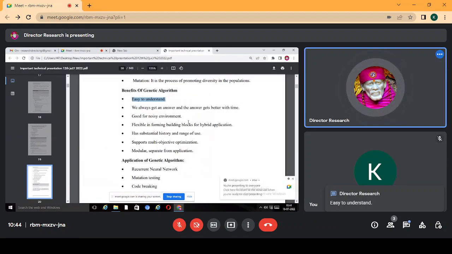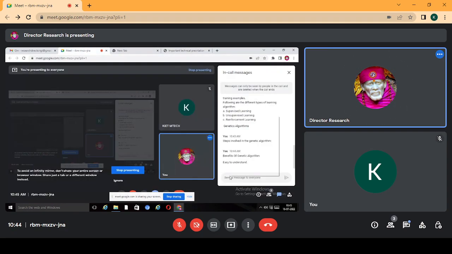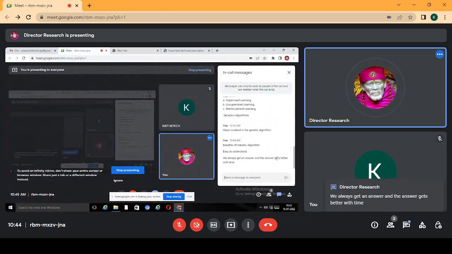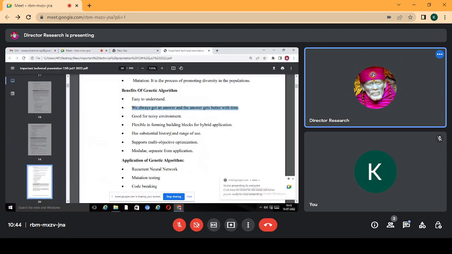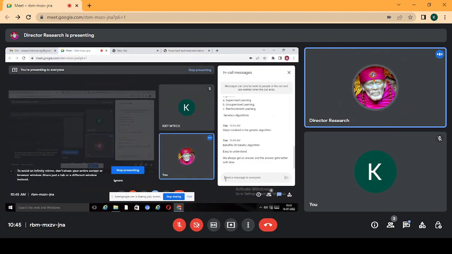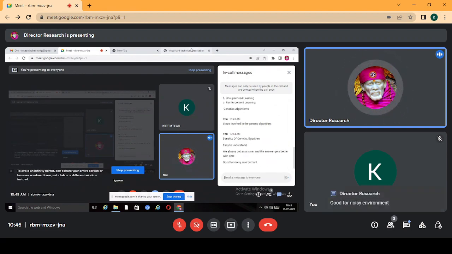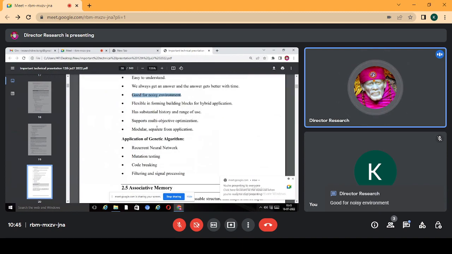We always get an answer, and the answer gets better with time. Good for noisy environments. There is no noise here; it's a noiseless environment, of course. Automatically, the efficiency is good.